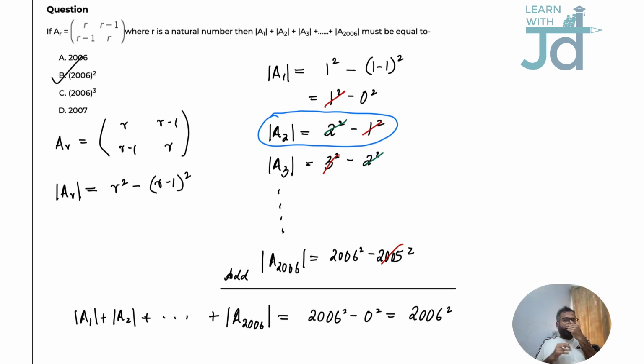So it was just a matter of opening it up and finding the pattern and then cutting it out. This series is very common in JEE, so I think you might have done it in trigonometry, ITF, all those things. Okay, so thank you.